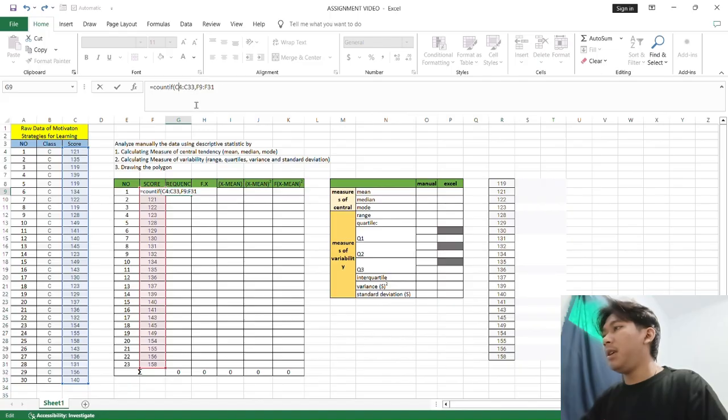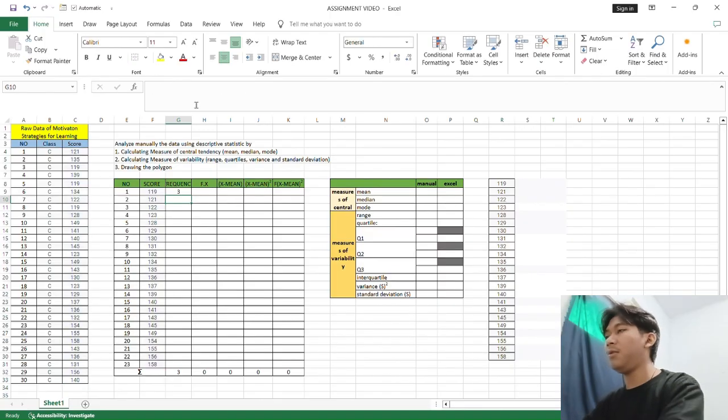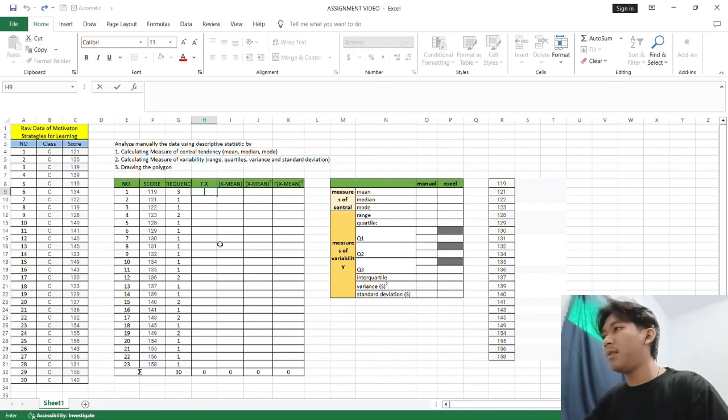For me, I usually add the dollar symbols between each of these letters so it doesn't cause any errors, because sometimes I encounter some errors when using COUNTIF functions. I don't know why. So just like that, we have our frequency right here. The total of our data is 30.